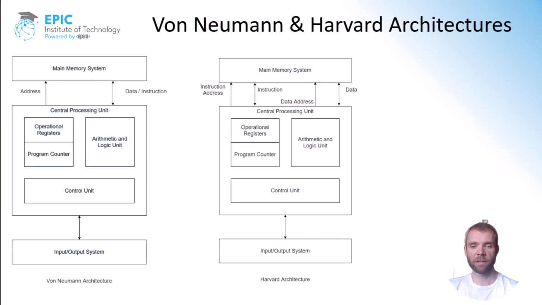In this architecture, we have clearly divided responsibilities between different parts of these computers. We have a main memory system, a central processing unit, and an input-output system, right? The notion of the central processing unit, CPU, dates back to architectures like the von Neumann architecture.